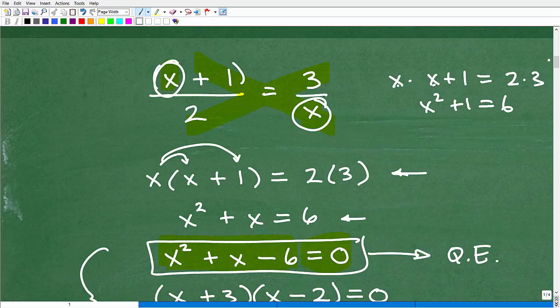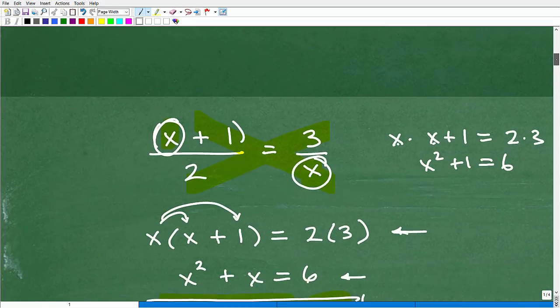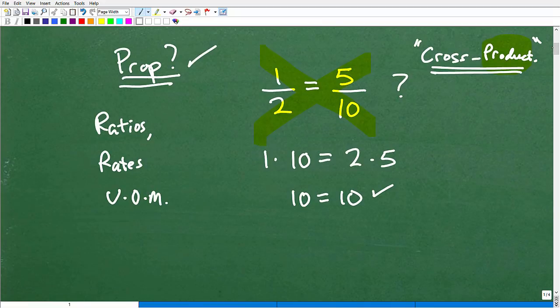It could be basic algebra, or a little bit more advanced algebra, like quadratic equations. But again, to be able to do any proportion problem, what is a proportion? What does it mean? And what's the strategy we use to solve proportions? That would be the cross product.